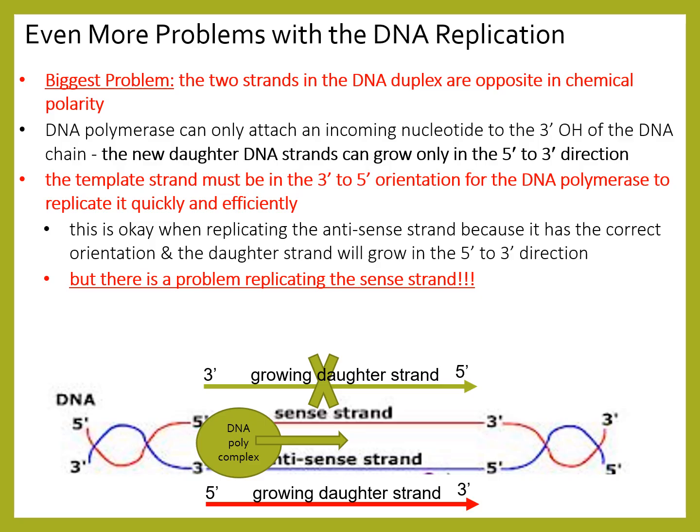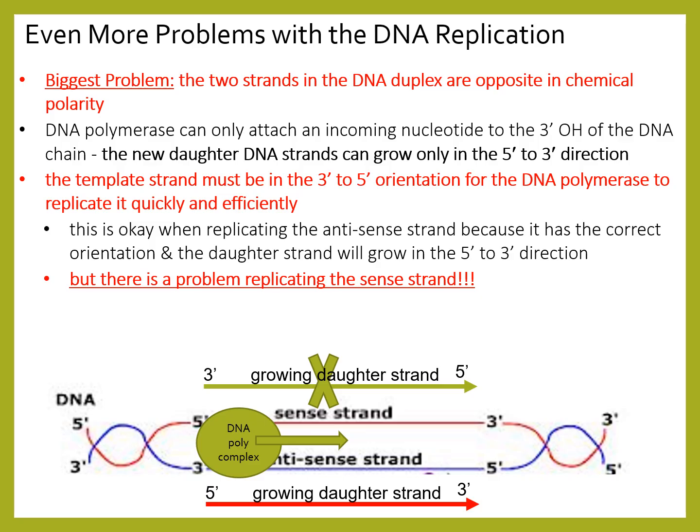DNA polymerases can only attach an incoming nucleotide to the 3' hydroxyl of the DNA chain. This means that the new daughter DNA strands will grow in the 5' to 3' direction. Now, in order for this to happen, the template strand has to be in the 3' to 5' orientation. If your template strand is in the 3' to 5' orientation, the DNA polymerase can replicate it quickly and efficiently.